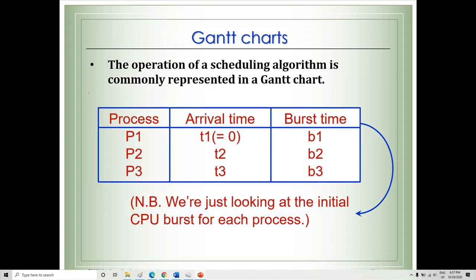So what is a Gantt chart? We are going to solve the algorithms. To understand the way an algorithm functions, its control flow, we need a diagram which would depict the flow of control in a CPU scheduling algorithm. It would depict clearly the order in which the processes are going to get the CPU.